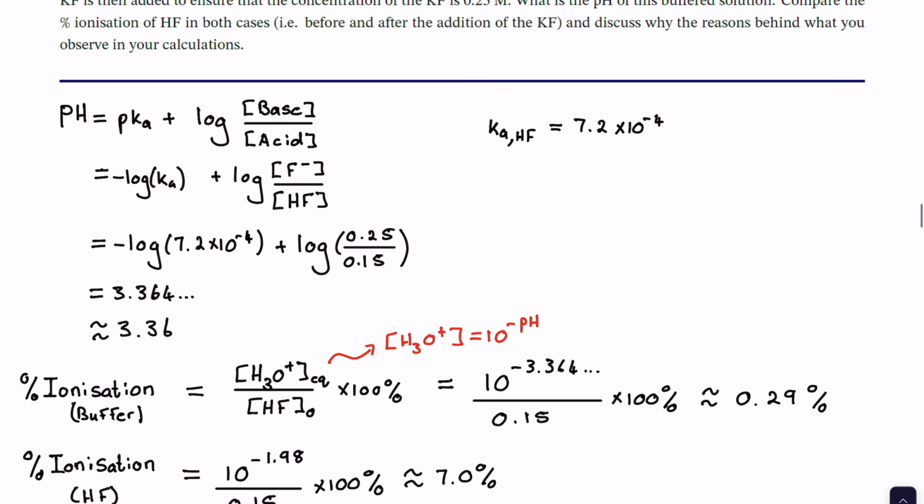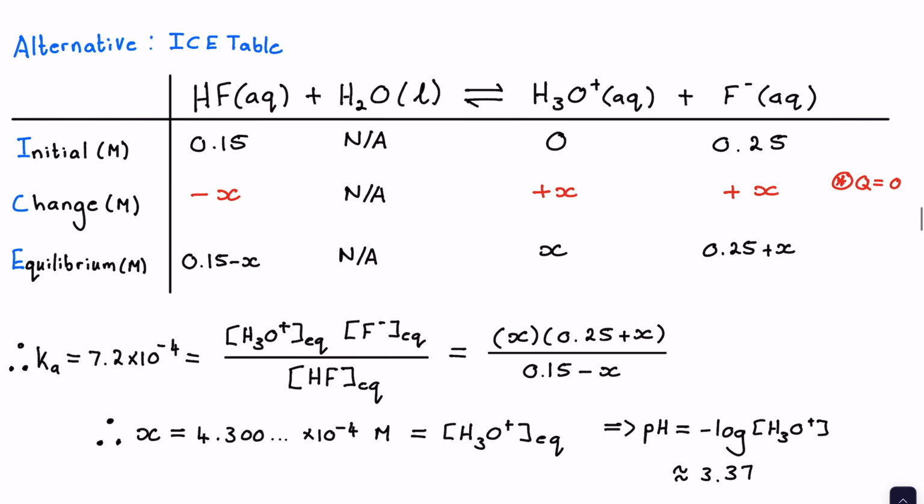The Henderson-Hasselbalch equation, of course, is the approximation method. It's technically already the approximation included, so you technically already made an approximation using the Henderson-Hasselbalch, if you recall from the theory component that we covered.